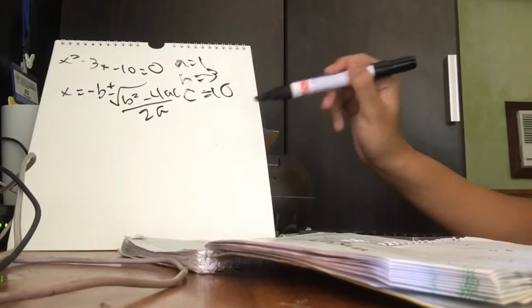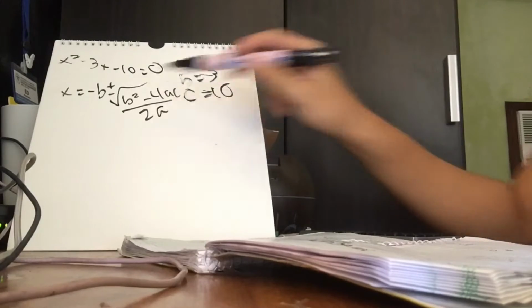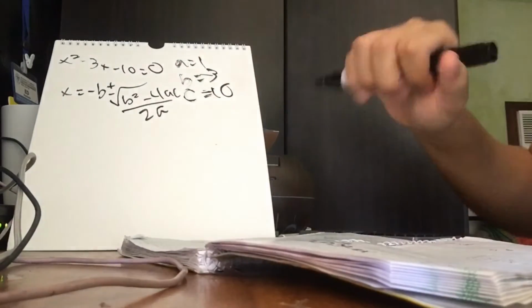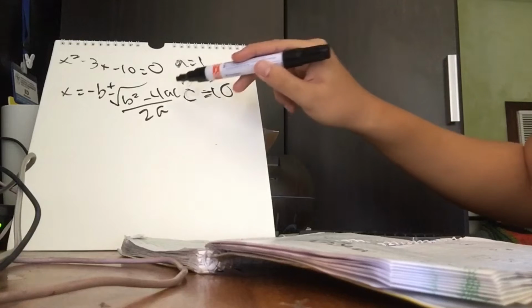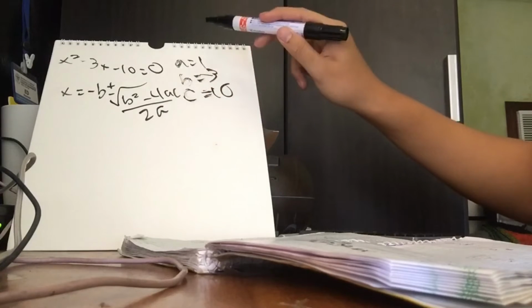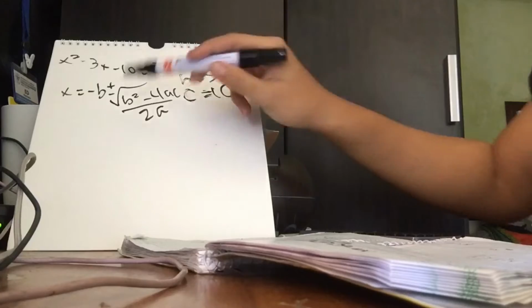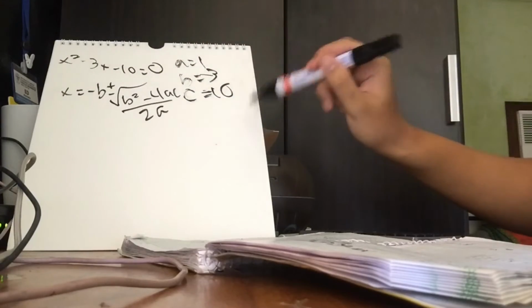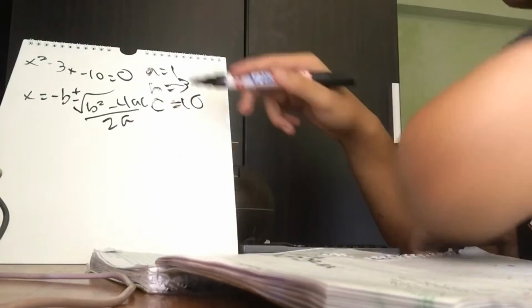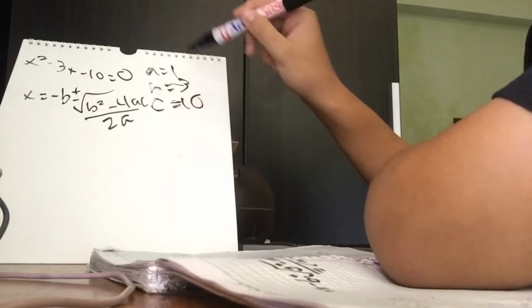Now all you have to do is substitute our values into the quadratic formula. So our a will become 1, our b will become -3, and our c will become -10. So take note of our formula and our values.